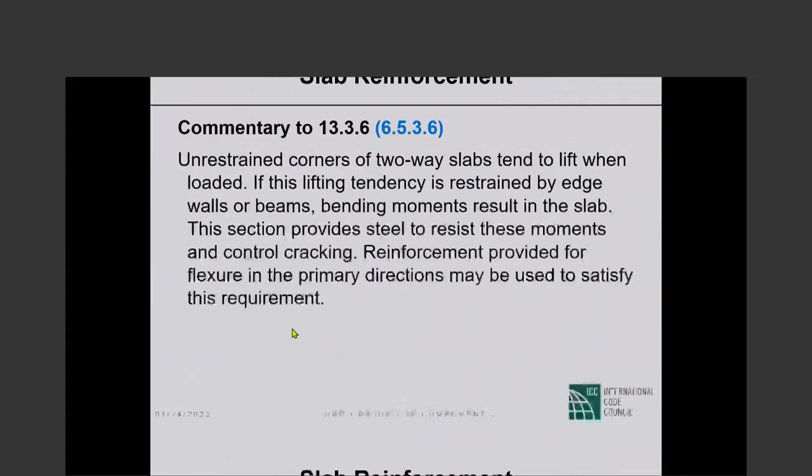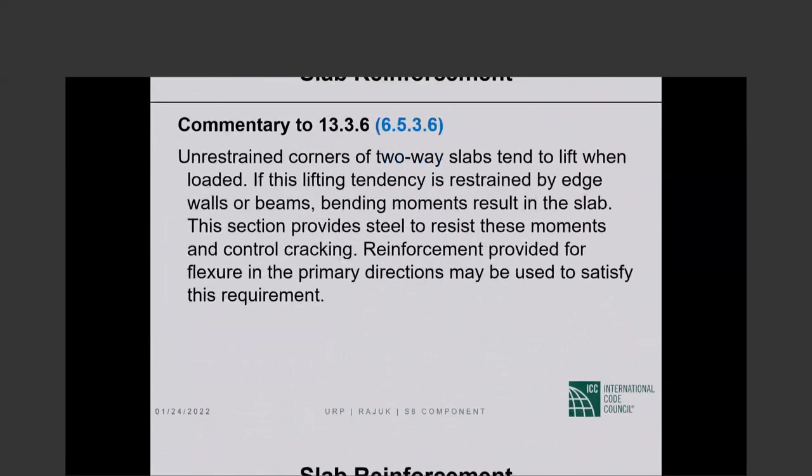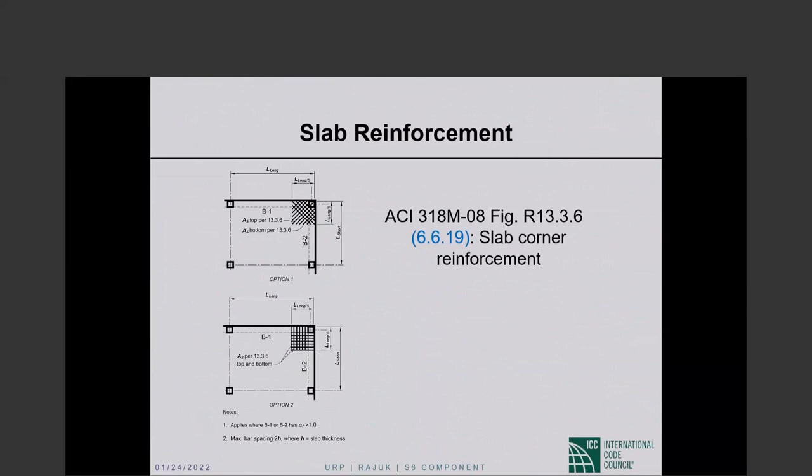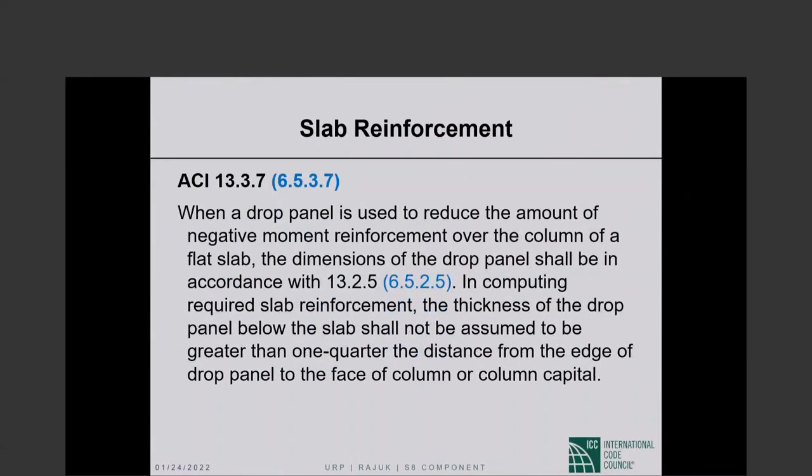Alternatively, reinforcement shall be placed in two layers parallel to the sides of the slab in both the top and the bottom of the slab. This is what we almost always do, not the diagonal, which is very difficult to place. Two layers of reinforcement as shown in this picture. Okay. So corner reinforcement only for beam supported slabs where the beams are reasonably stiff. This is something you have to be aware of, but I think that's probably enough time spent.